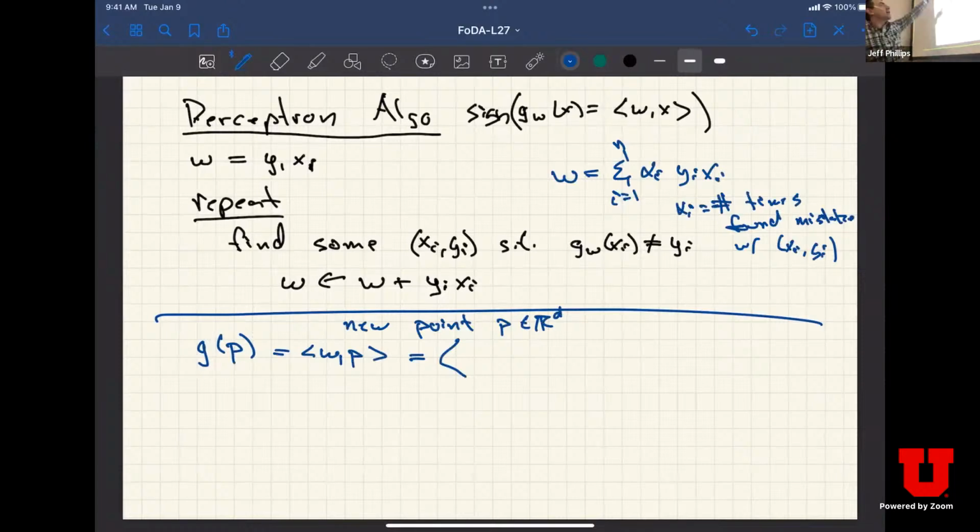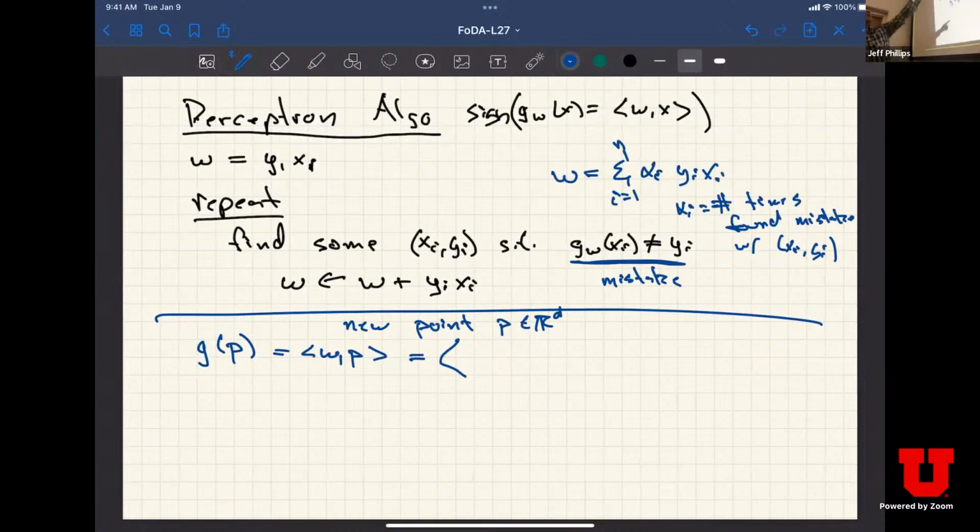When I run through this algorithm, I need to find some case where the prediction I made for xi did not equal yi, the right label. So this is a mistake, and I only update w by adding yi xi if there's a mistake.